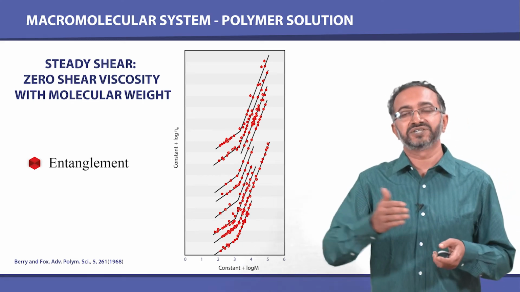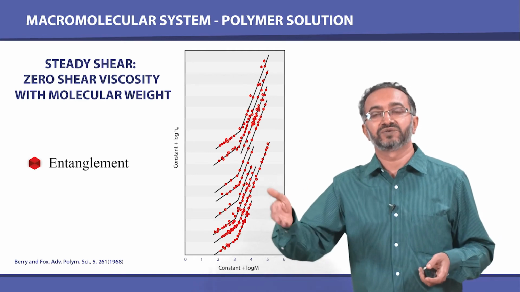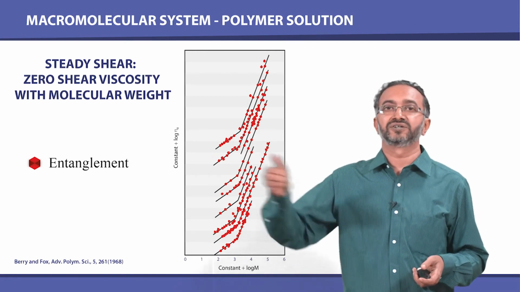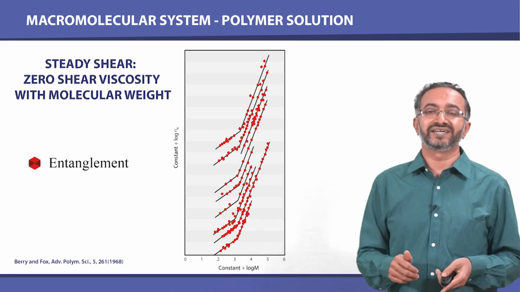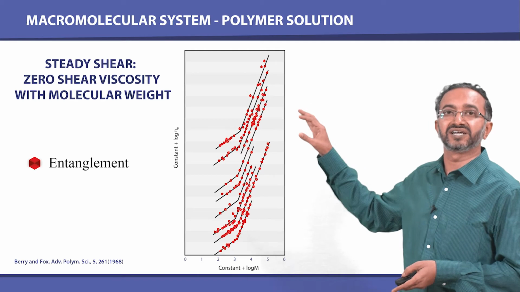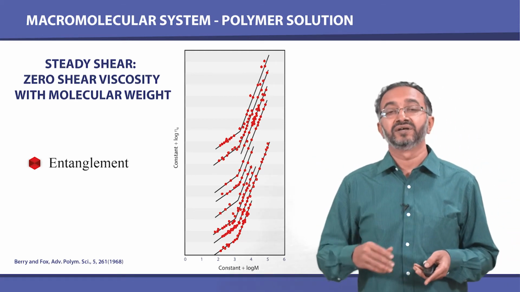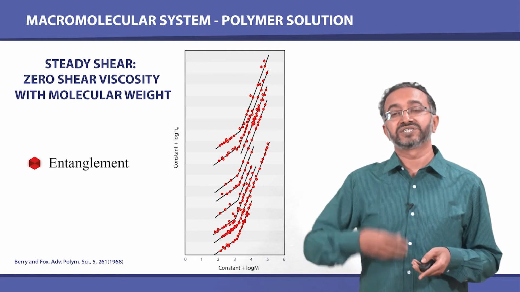As we systematically change the noodle length, we will see that entanglement starts playing a role beyond a certain noodle length, and that is what is being seen here in this data, where as the molecular weight is increased, we can see a clear indication of the entanglement point, or a molecular weight beyond which entanglements play a very significant role.